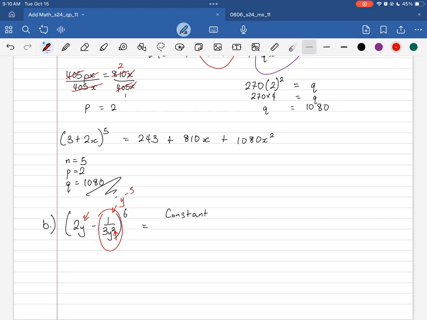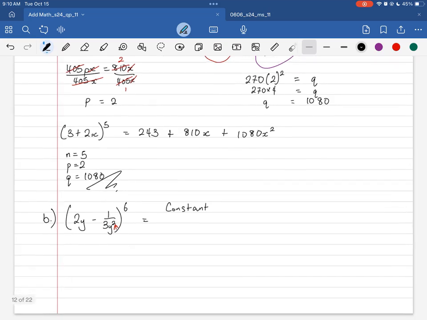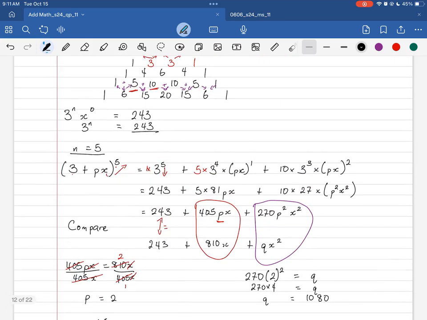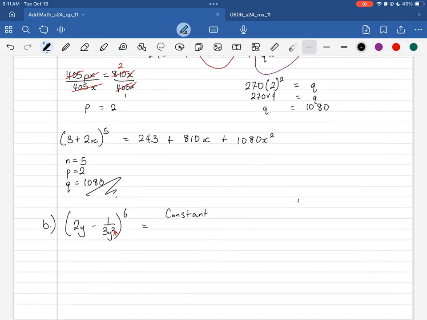It becomes a bigger negative number anyway. So I would say go in the ascending order of y, or you can go any way, just as long as you find what the constant is. So we have our numbers here to be 1, 6, 15, 20, 15, 6, and 1. So I'm just going to write that here.